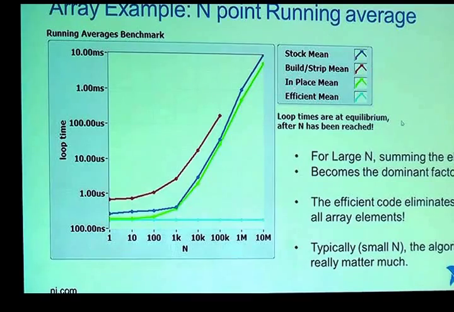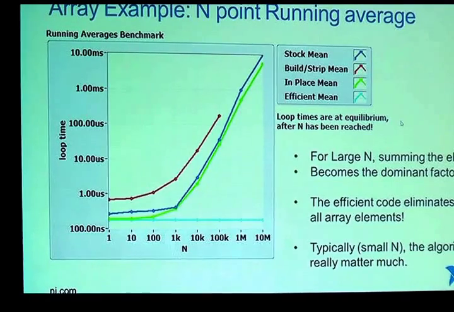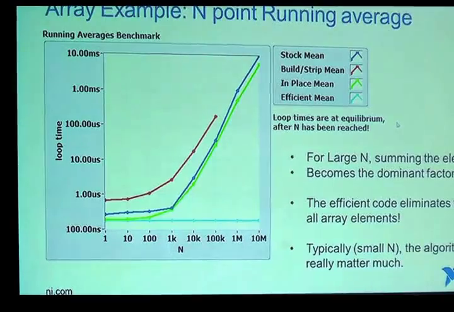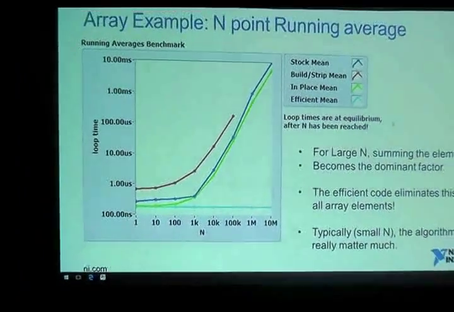The in place is a little smoother than the stock, and if you look at the efficient one, even if you have 10 million elements, it's 140 nanoseconds or so. It's completely independent. The size of that array doesn't really matter. The main operation is the add and subtract, and this is just a few numbers. It's totally cheap, and it doesn't change.